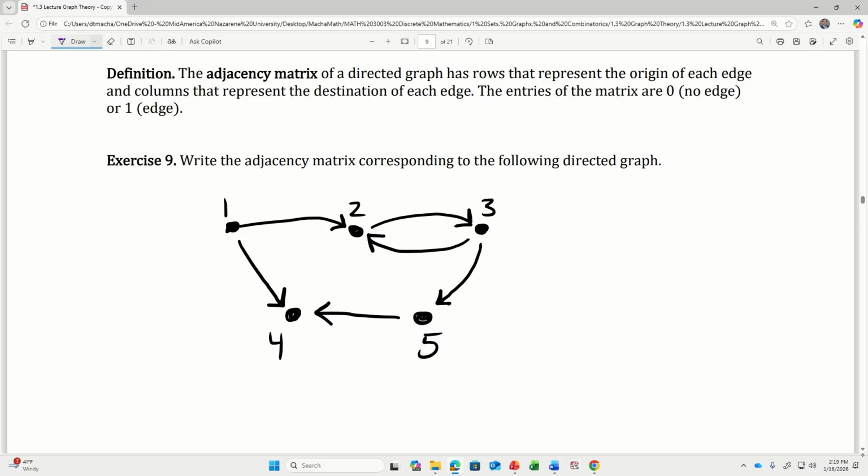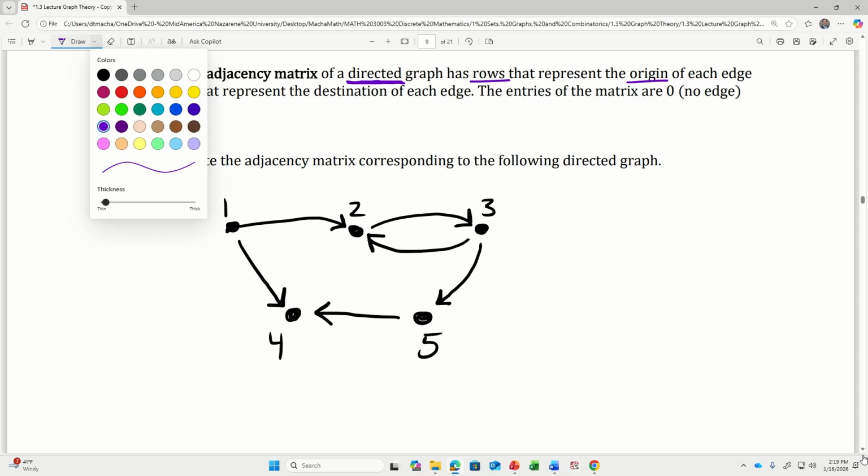Now we're going to do the same thing, but for a directed graph. We're going to do an adjacency matrix for a directed graph. The difference when it's directed is that now we have these little arrows instead of just line segments, and the rows of my matrix are now going to represent the origin of every little arrow, every edge.